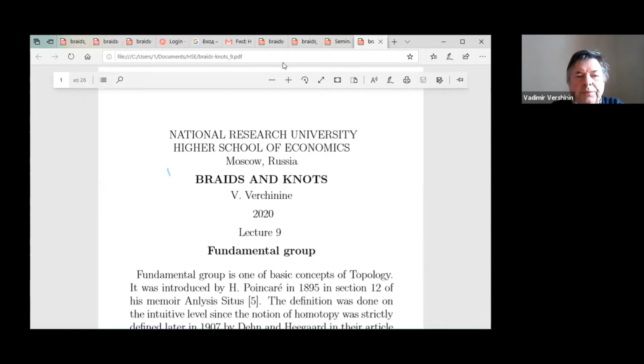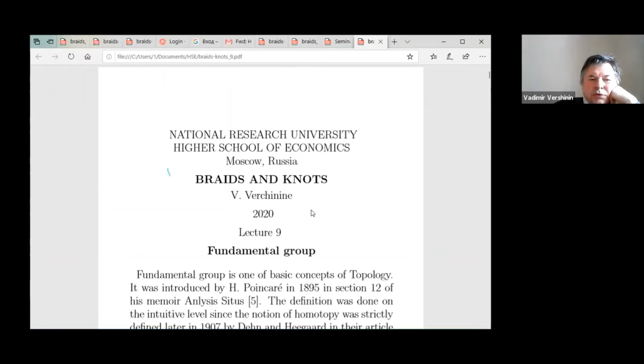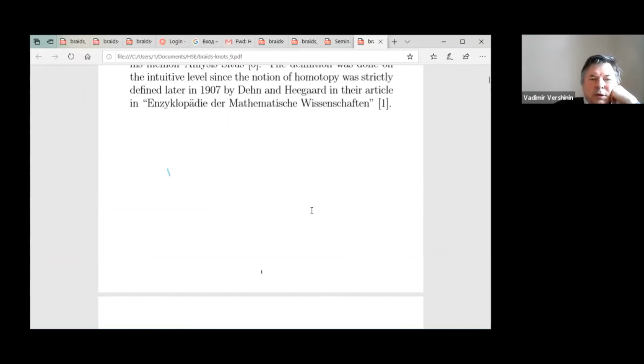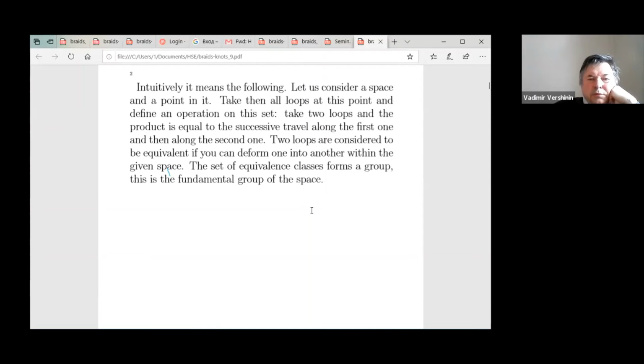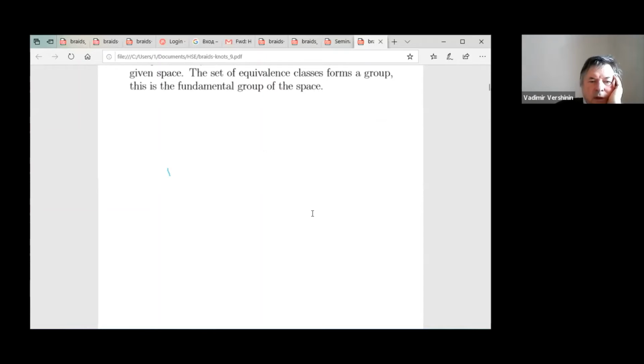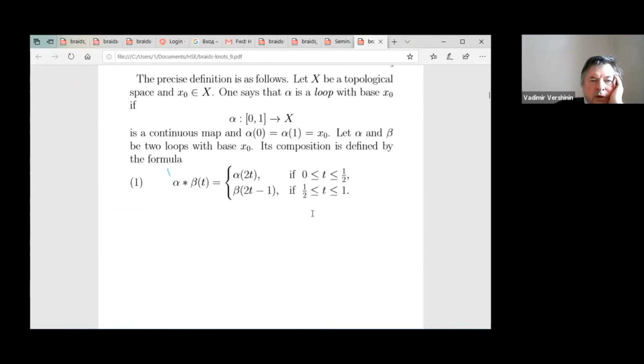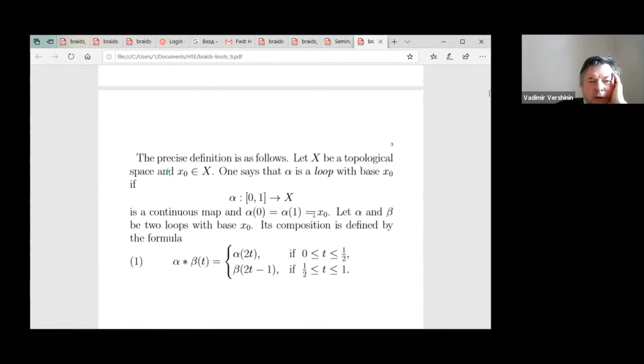Today our aim is to define the fundamental group of a link. So what is essential?